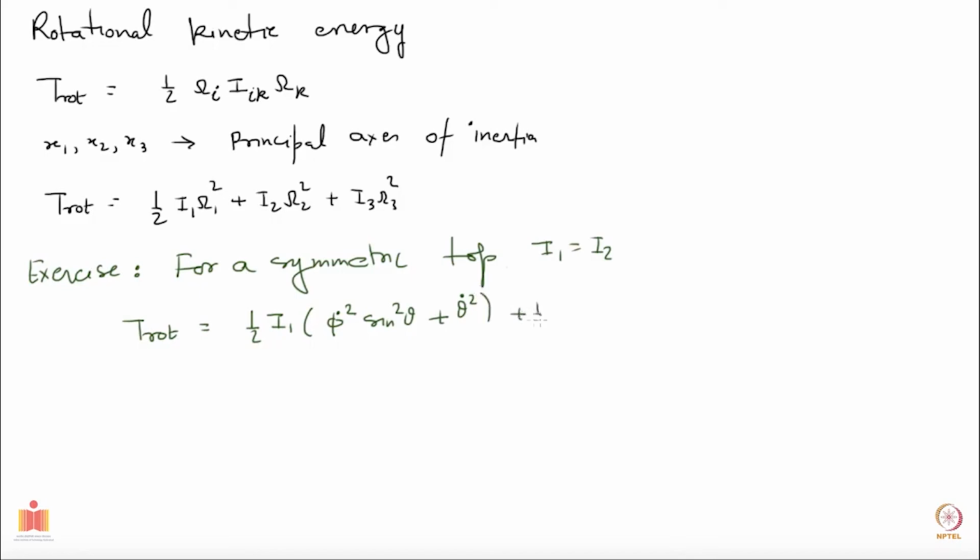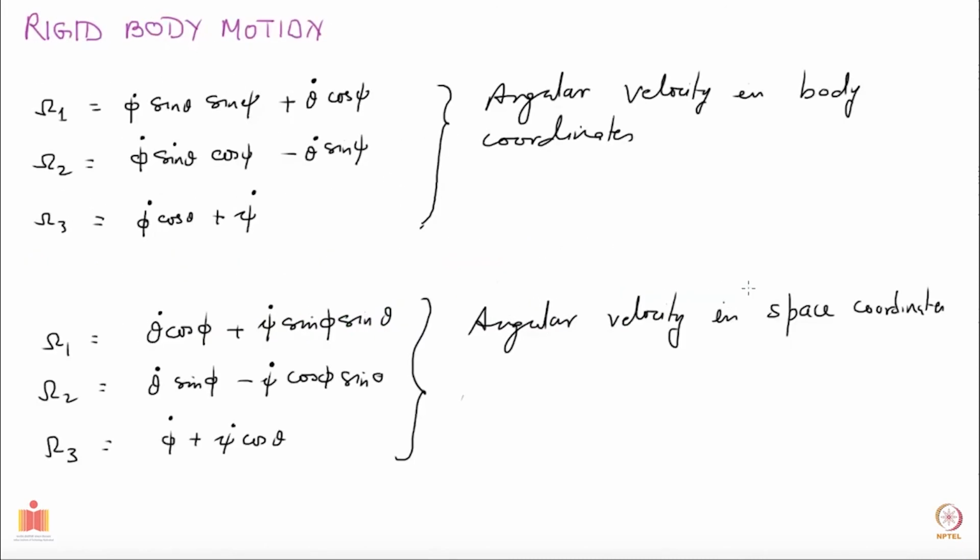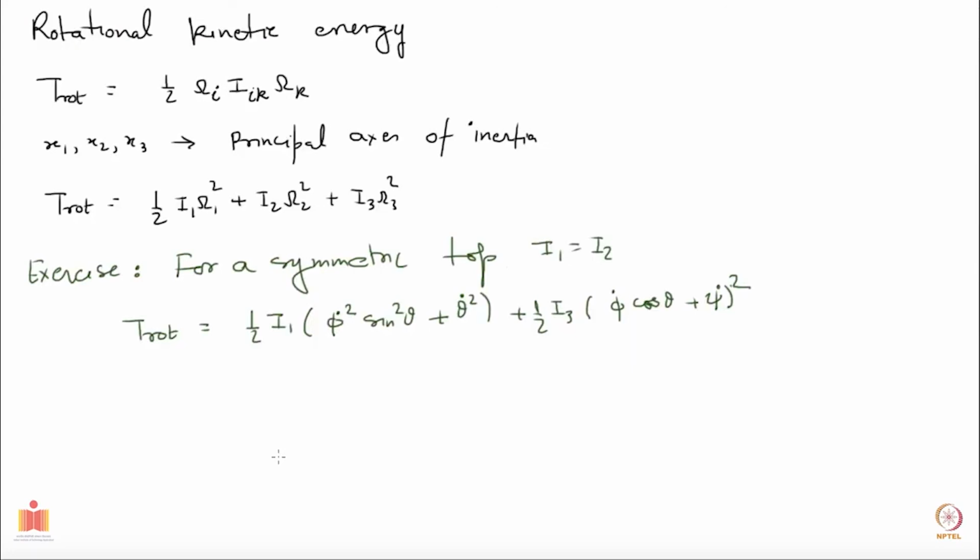Then the third term is I3 times phi dot cos theta plus psi dot, squared. Let's check: phi dot cos theta plus psi dot. So this square gives this, and the first two terms combine to give this one, the I1 and I2 terms.